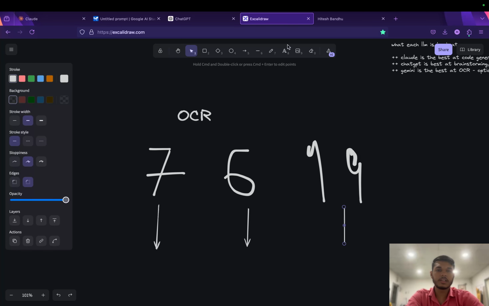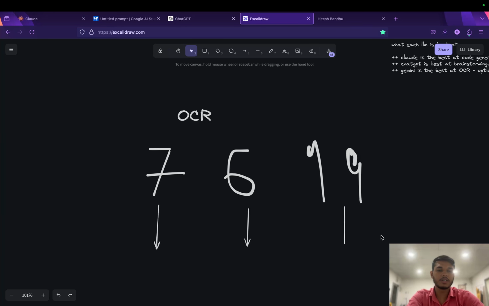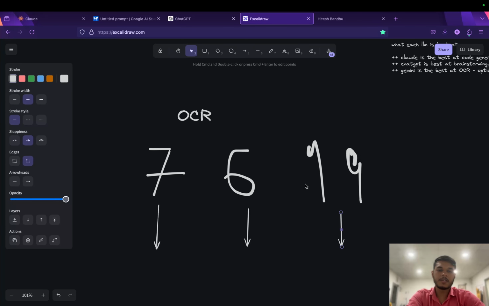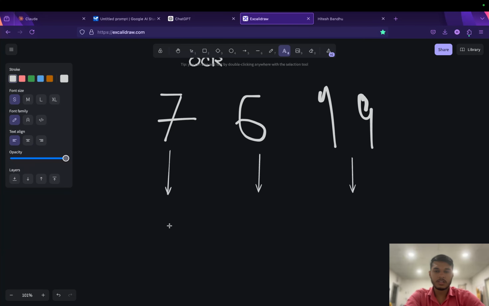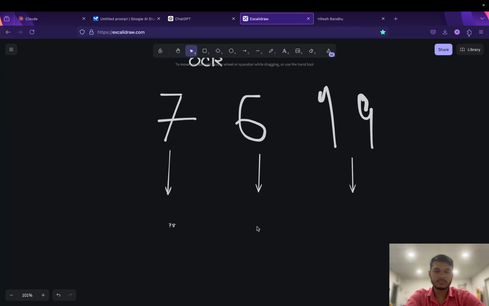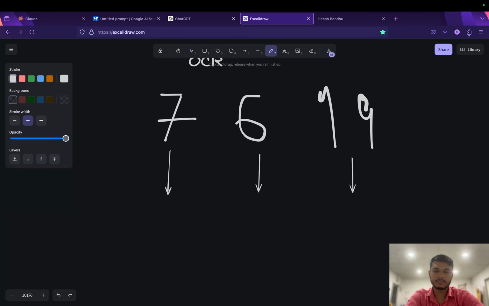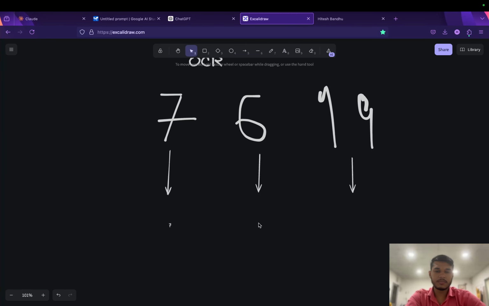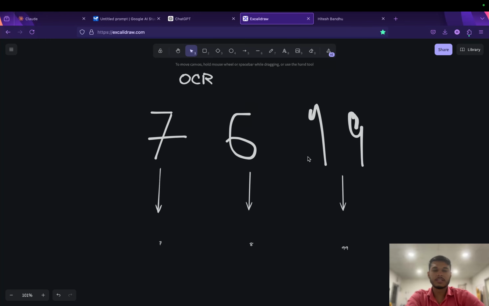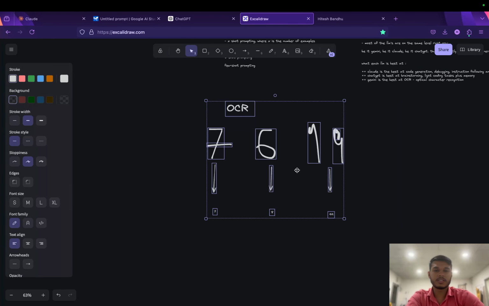It will recognize the characters and tell you what character it is. For example, this is a seven, this is an eight, and this is 99. So this is called optical character recognition.